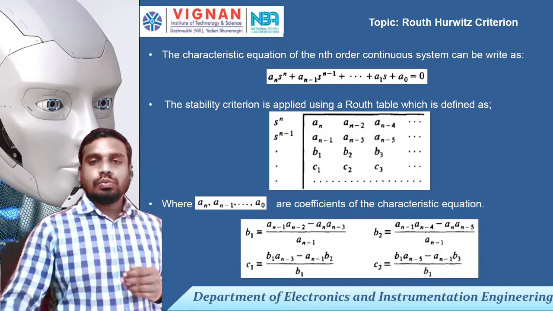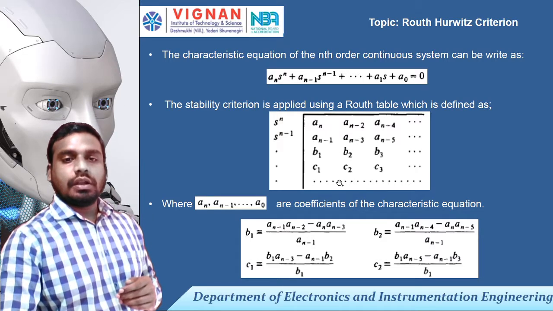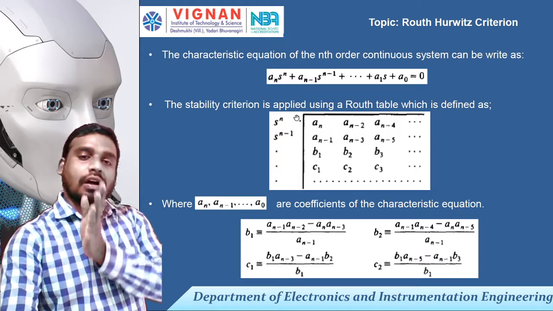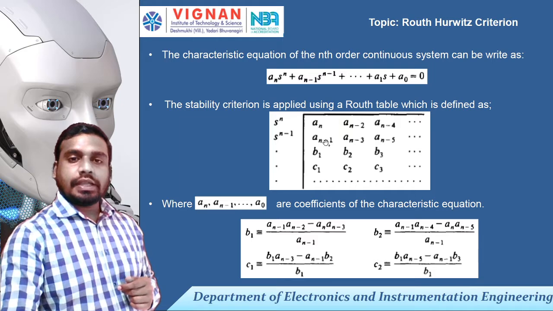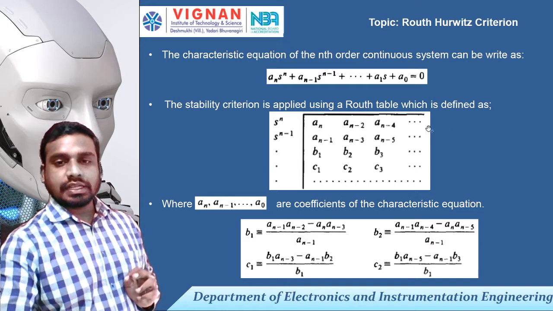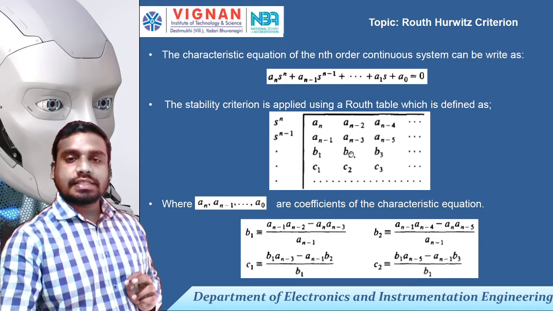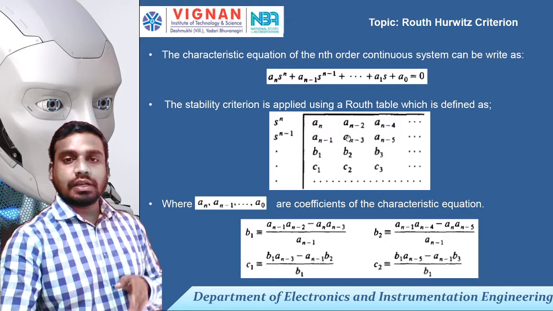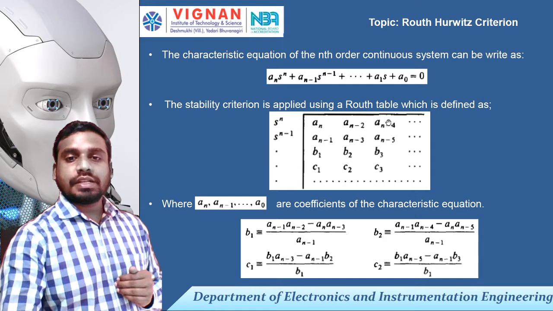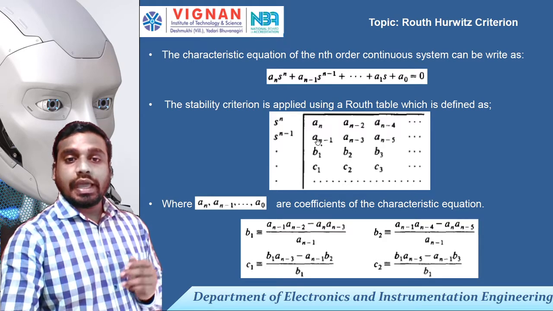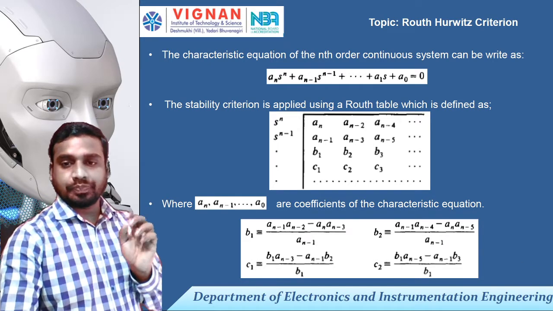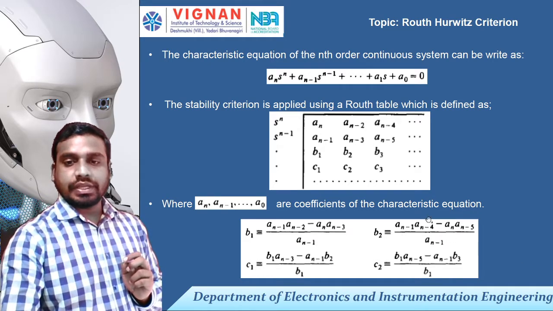And B2: if you are computing B2, the first two elements would be common for any element in the row. So an minus 1 will be taken for all the elements as common. When you are considering B2, you have to skip that particular column and then take the next column: an minus 1 into an minus 4 minus an minus 5 into an. Right? So you can check B2 here.